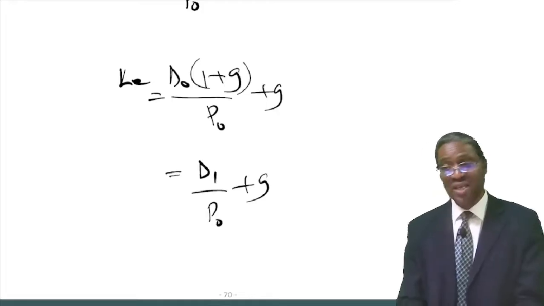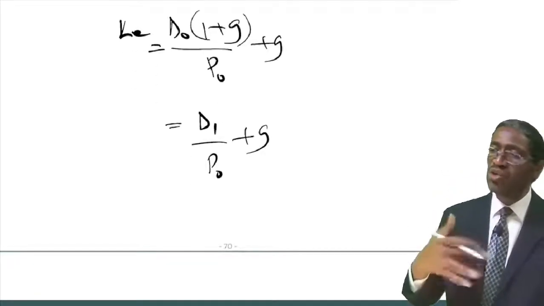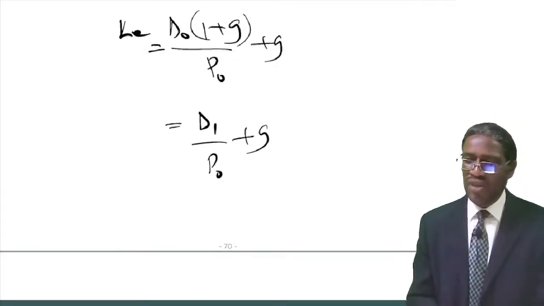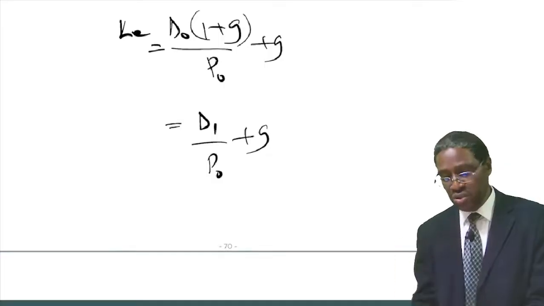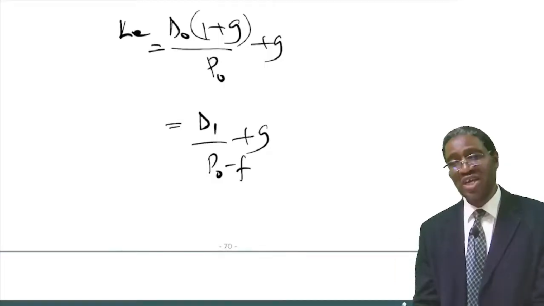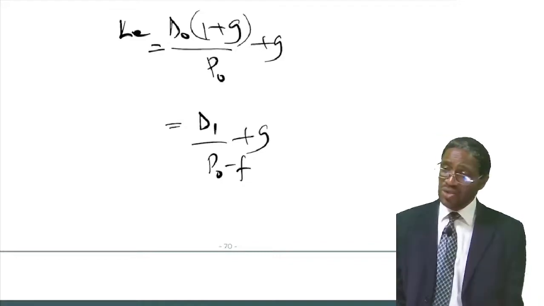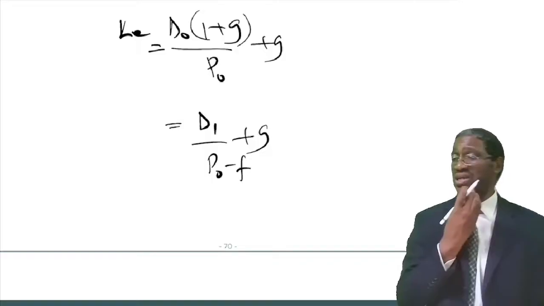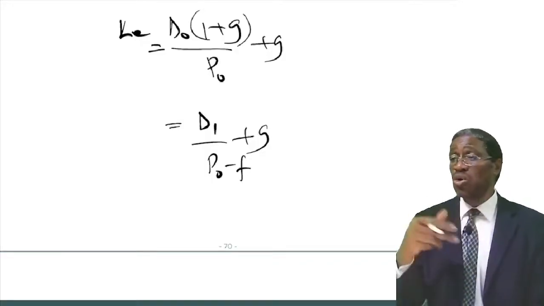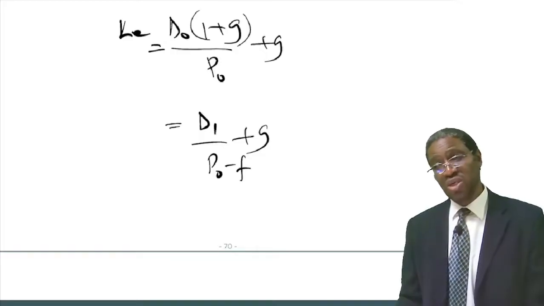Okay? Then after that, I went further and introduced the concept of flotation cost. I told you if there is a flotation cost, then in the denominator, you just minus from the P, you minus the flotation cost. Then today I also talked about how you get the growth rate if the examiner has not given you the growth rate.